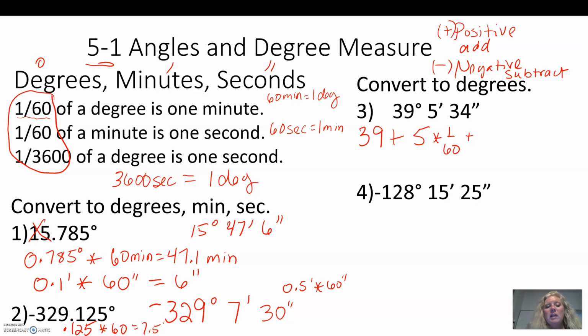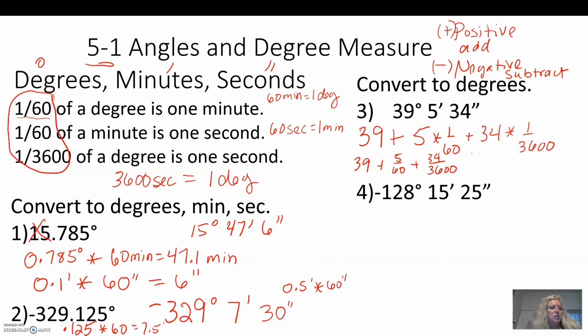So this is where we use the bottom one, which is talking about the degrees and seconds. We're going to take 34 and multiply that by 1 over 3,600. And I'm going to grab my trusty calculator. You could actually rewrite this as 39 plus 5 over 60 plus 34 over 3,600.